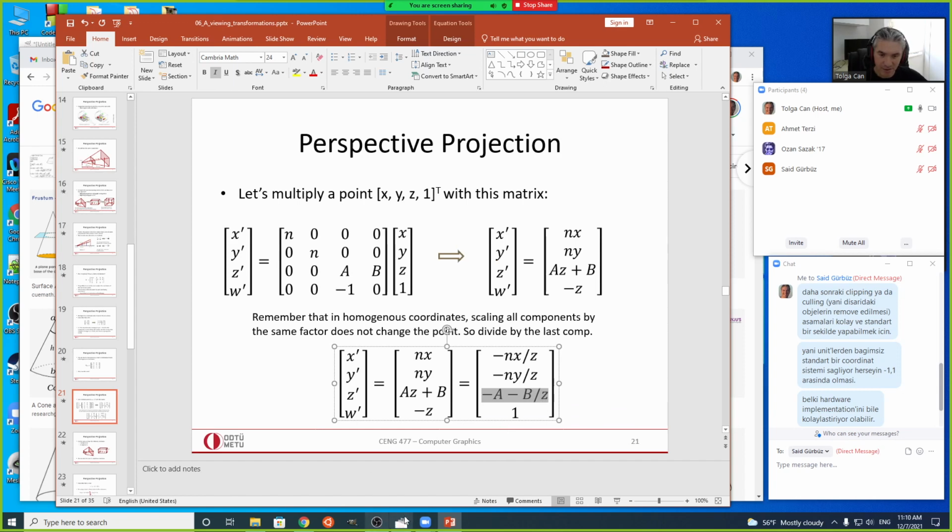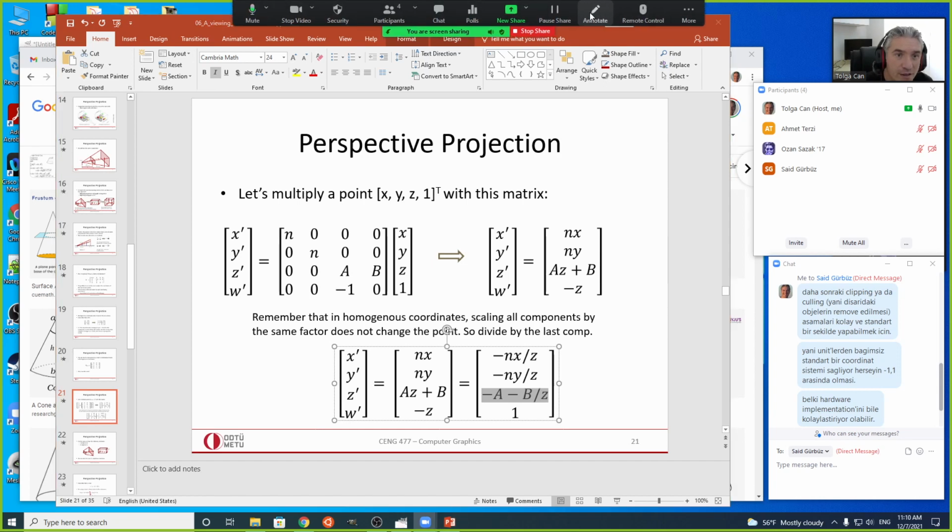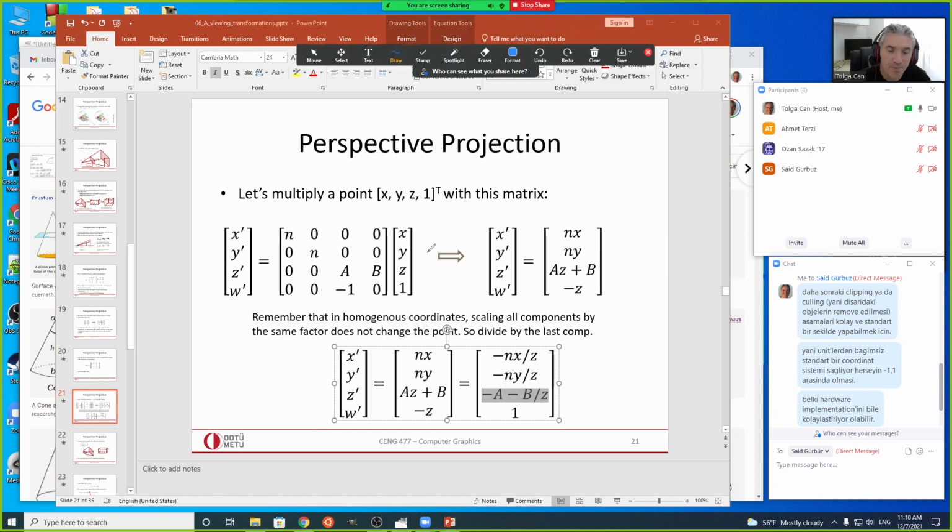So it's something like this. Let me quickly turn our notation and tell you what we're going to do. So let me tell you again. If its z coordinate was minus n, after the perspective projection, its z coordinate should remain as minus n.